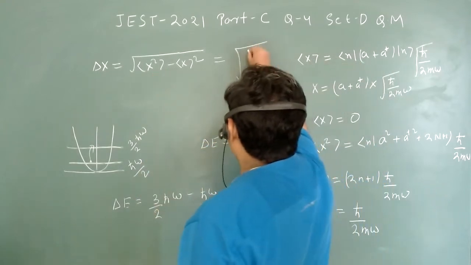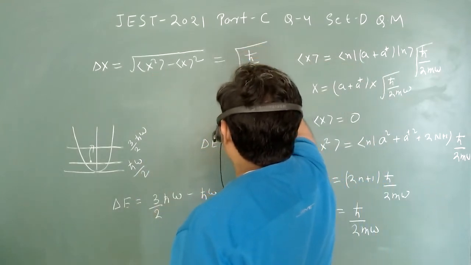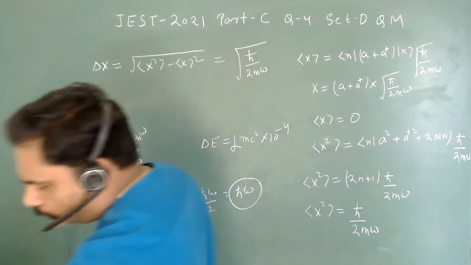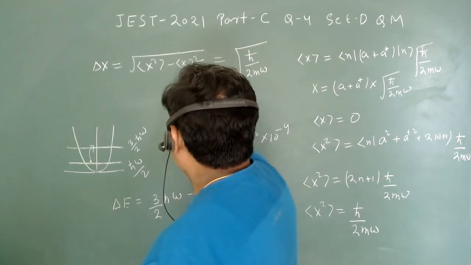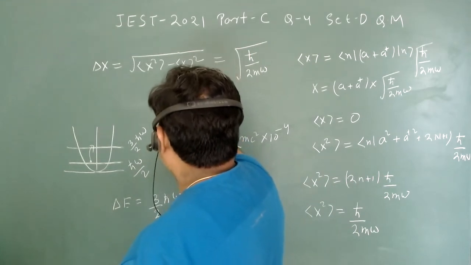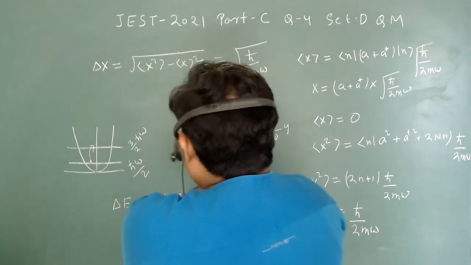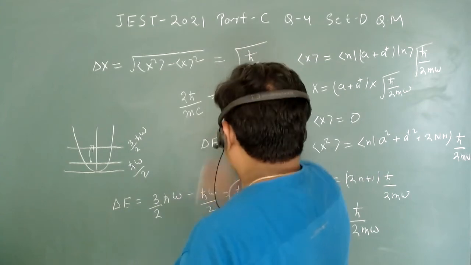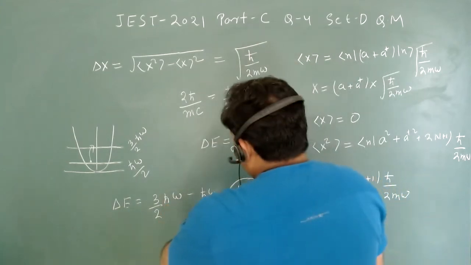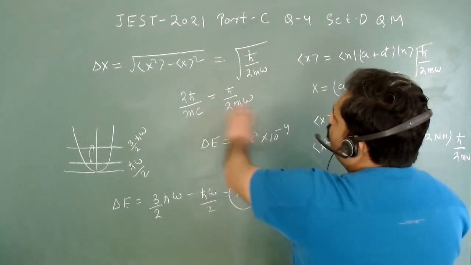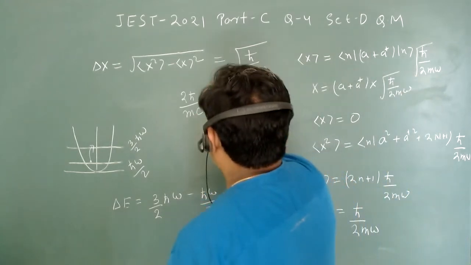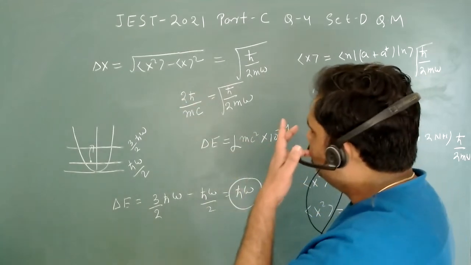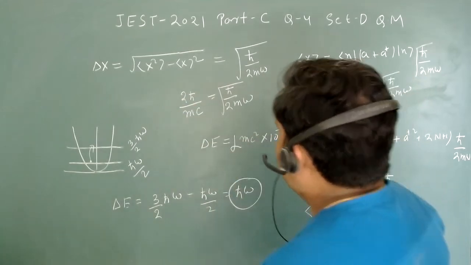So this value is root under h cut upon 2m omega, and this is given as 2 h cut upon mc. Now we need to calculate the value of h cut omega in terms of mc square. There is a square root, so we can square both sides and easily calculate the value of h cut omega.